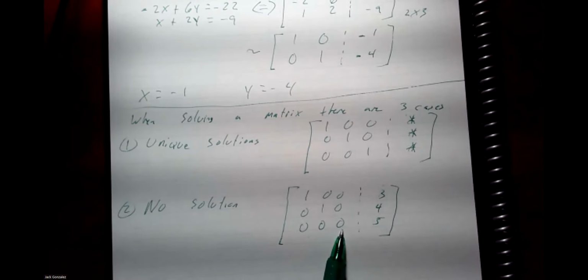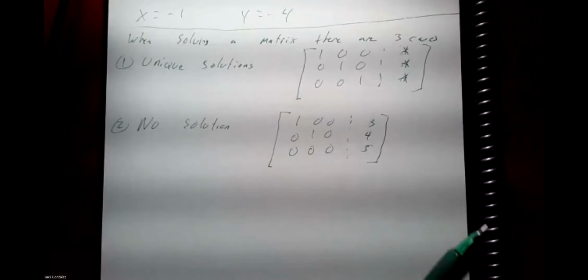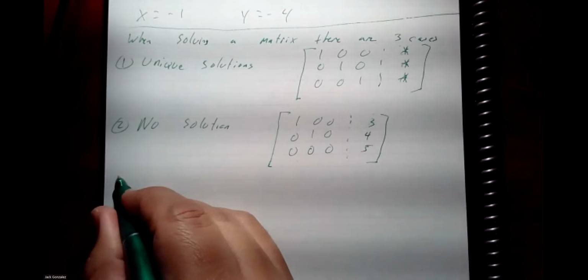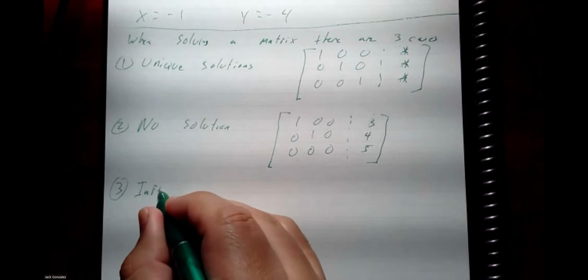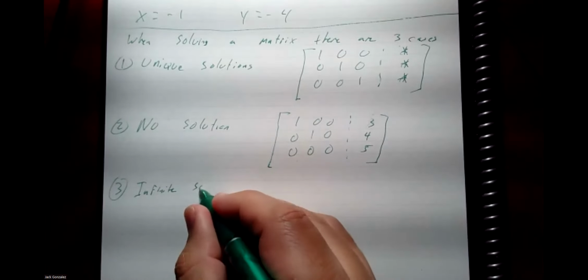This is telling me that 0 is equal to 5 because there's no x, y, z. If a variable is missing and it's equal to a number, it doesn't make any sense. So if this pops up on your calculator, you should know a row of zeros equal to 5 means no solution. Make sure you're able to interpret the results on your machine or a solver online, or if you did it by hand.